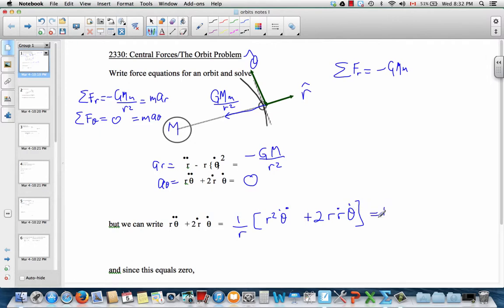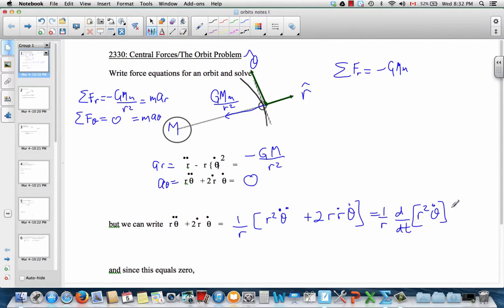And that will equal 1 over r times the time derivative of r squared theta dot. Now you can just confirm that doing d/dt of r squared theta dot gives you this thing inside. Leave r squared, differentiate theta dot, get theta double dot. Leave theta dot, and then do the d/dt of r squared. It'll be 2r r dot by the chain rule.